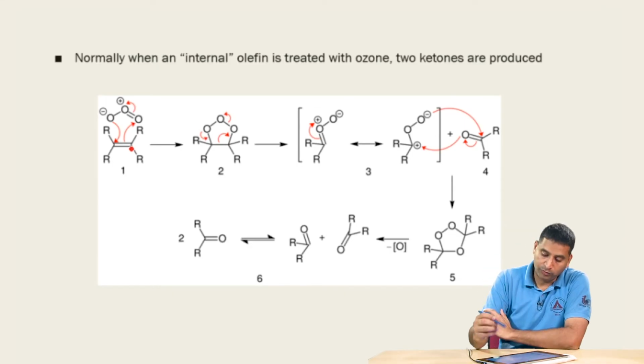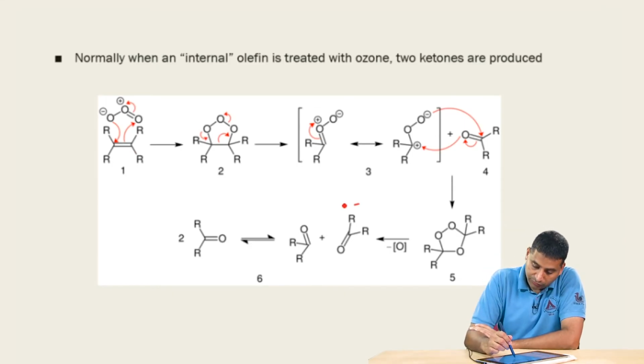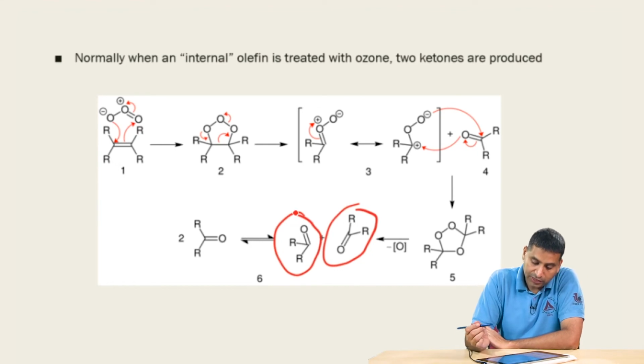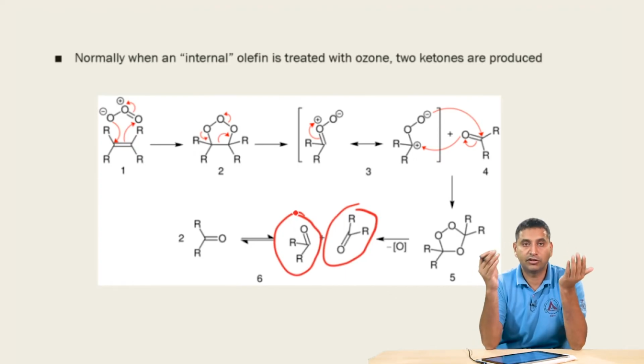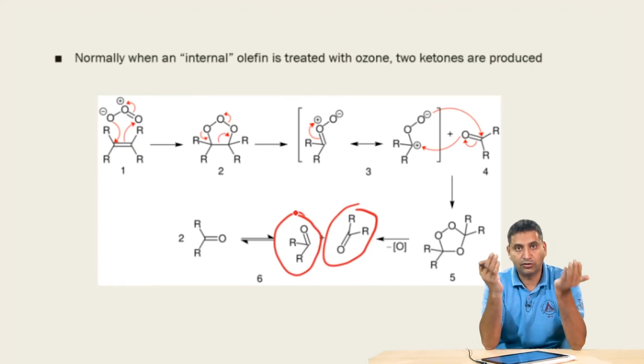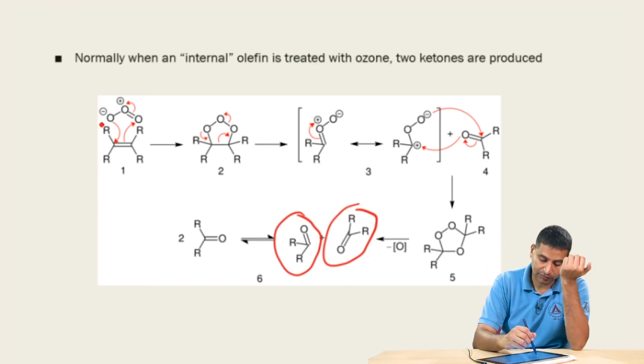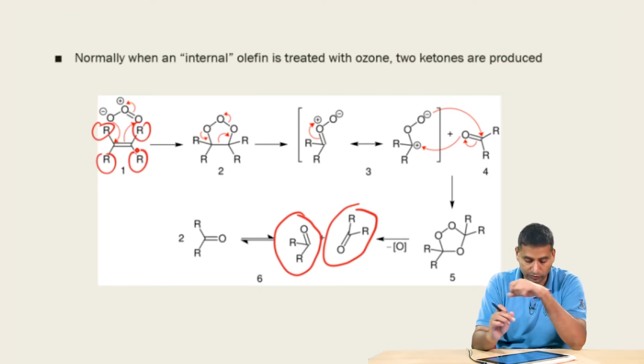Okay? So, it forms ozonide, which then gives you in this case 2 ketones. Okay? So, keep in mind that this is an internal olefin. Internal olefin means that there are substituents on both sides of the olefin. So, you have R as a substituent here and it gives you 2 ketones.